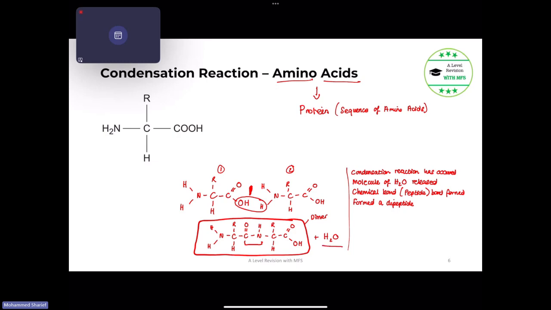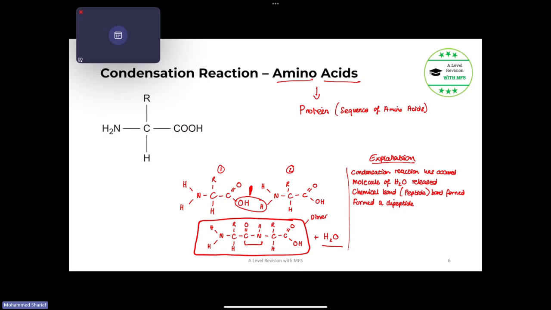And we've released a molecule of water in the process. This is sort of your explanation as to what is actually occurring. Condensation reaction, molecule of water is released, chemical bond, in this case a peptide bond is formed, and the whole structure, because it's between two amino acids, it's called a dipeptide.